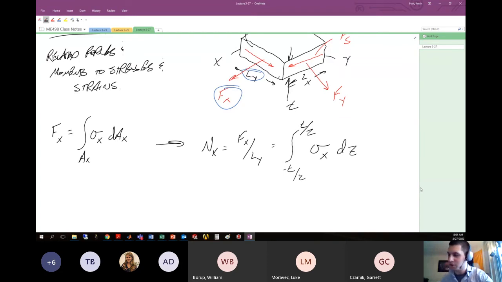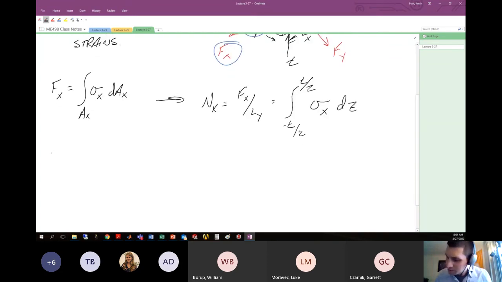Okay, so that was specifically for a line load in the X, or a force in the X, but we could also do something similar in the Y. Not Fy, we want Ny, which is the integral from negative t on 2 to t on 2 of sigma y dz.